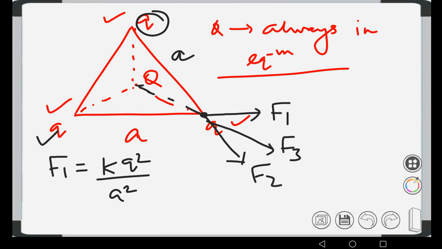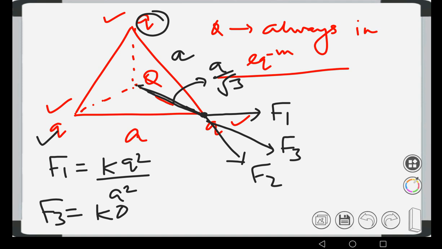By simple geometry we know that the separation between the centroid and the vertex of an equilateral triangle is a by root 3. So F3 will be equal to k capital Q small q by a square by 3, where the 3 comes in the numerator.